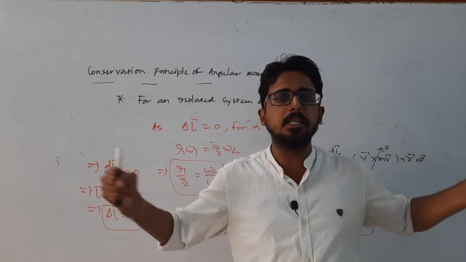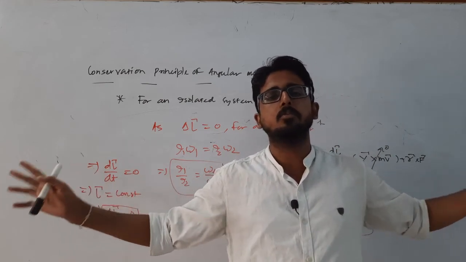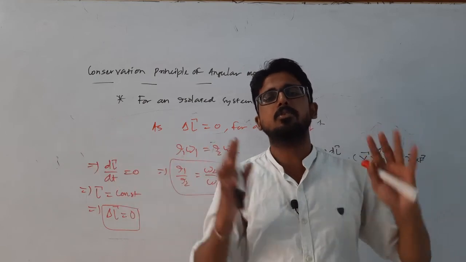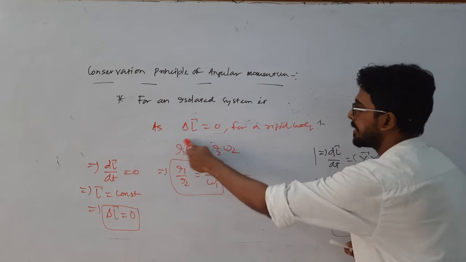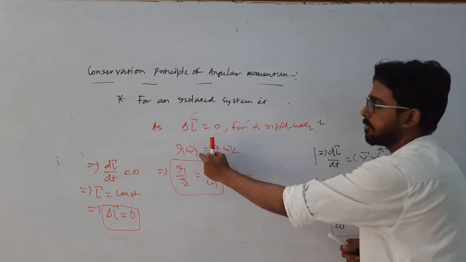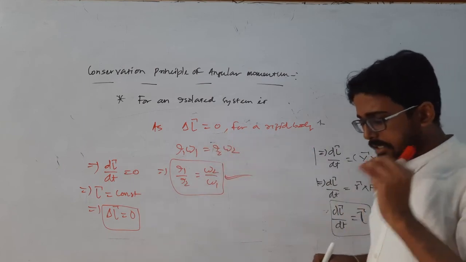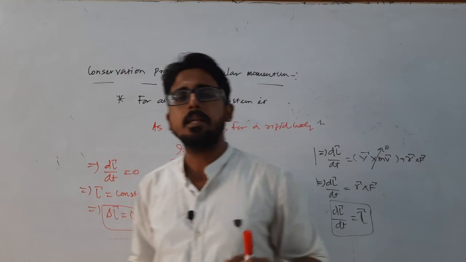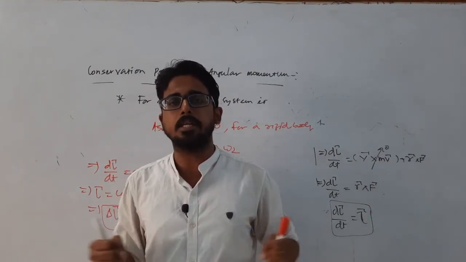And when the man stretches his hands, the mass distribution increases, so the moment of inertia increases, and the angular velocity of the system decreases, because it wants to always maintain the angular momentum constant. So when I increases, omega decreases; when I decreases, omega increases. This is the example of how, due to conservation of angular momentum, the man keeps rotating.